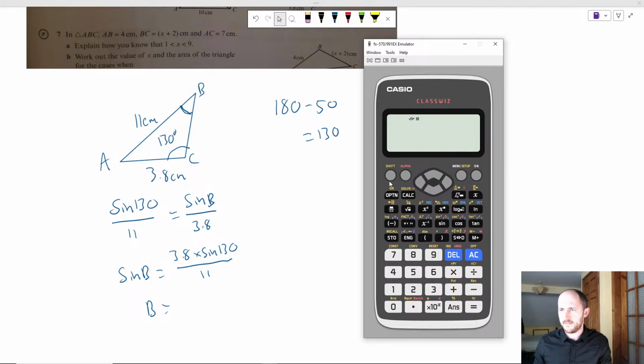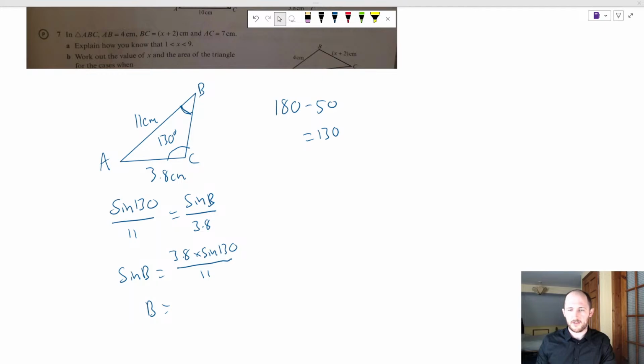So we have inverse sine, open bracket 3.8 times sine 130, close bracket, on the bottom 11, like so. That gives us an angle of 15.345 degrees. I probably want to preserve a little bit of accuracy, so let's do 15.35 degrees, to 2 dp. That's pretty accurate so far, and this is giving me marks already.